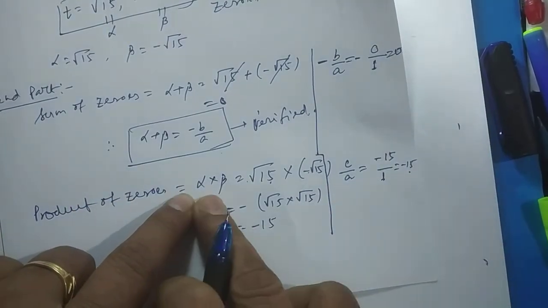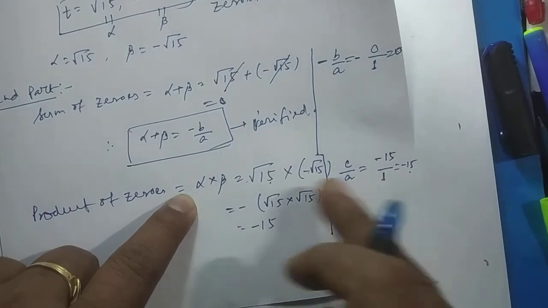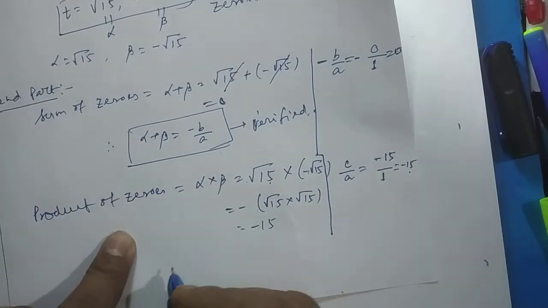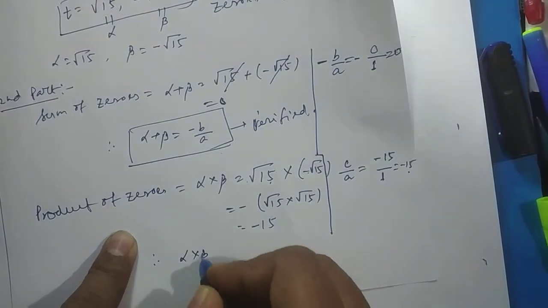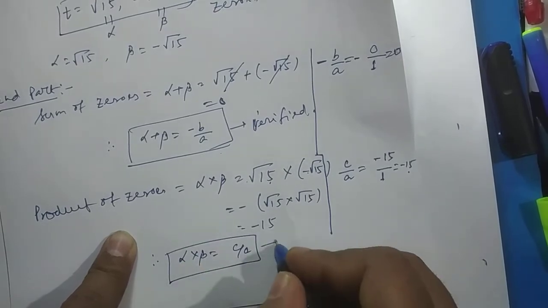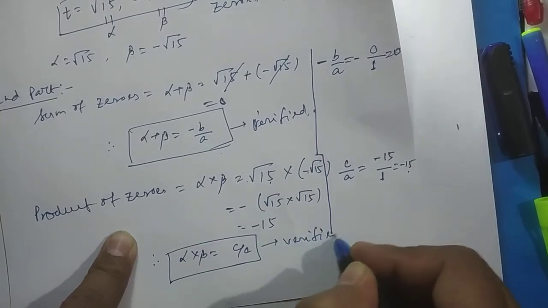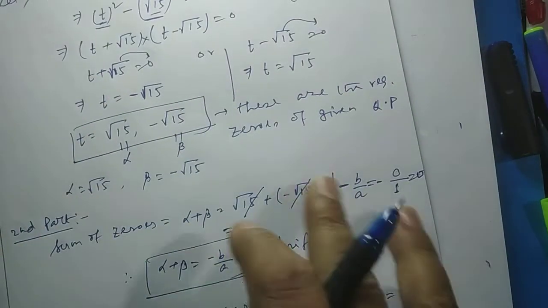So now compare alpha into beta and c/a. If you compare, you see both are the same. Both are equal to −15. So you can say alpha into beta equals c/a also. Also it is verified. Understood? So the question has been finished here.